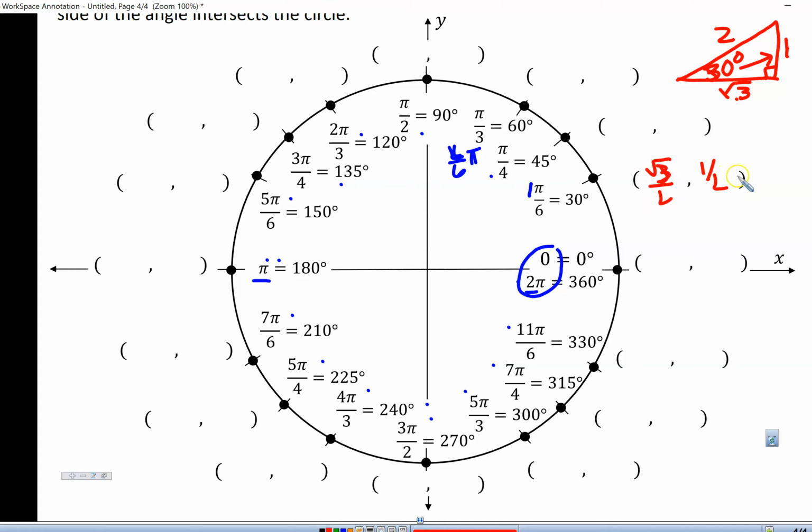Then what you should realize is that pi 6 and pi thirds are complements of one another. They add up to 90 degrees, or pi halves radians. And so their sines and cosines are switched. So where the sine of 30 degrees is 1/2, the cosine of 60 is 1/2, or pi thirds.